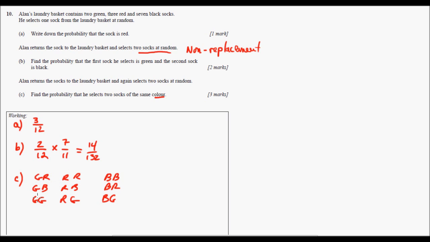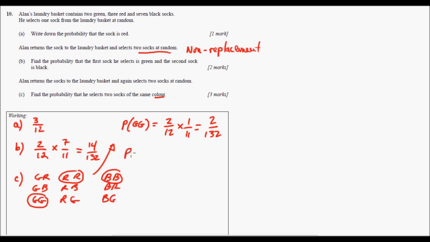Now, if you look at it, what are the 3 possibilities of selecting socks that are the same color? There's 3 possibilities here. So we got to find all 3 of them. So the probability of green green is going to be 2 out of 12 times 1 out of 11, which would be 2 out of 132.